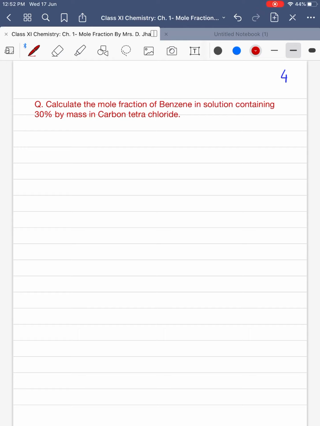Second numerical: calculate the mole fraction of benzene in a solution containing 30% by mass in carbon tetrachloride. Here there are two components, benzene and carbon tetrachloride.